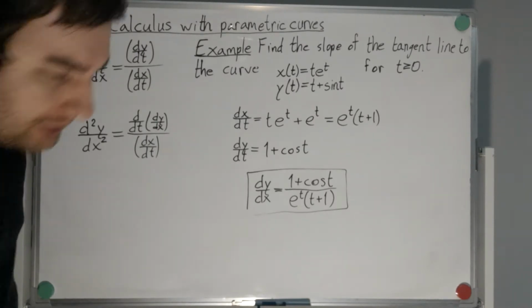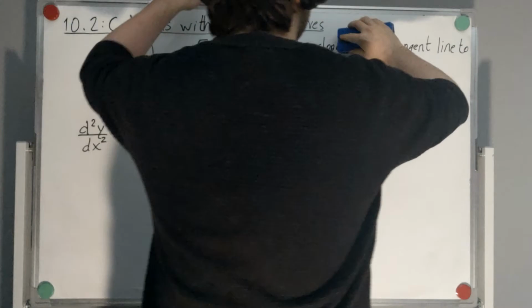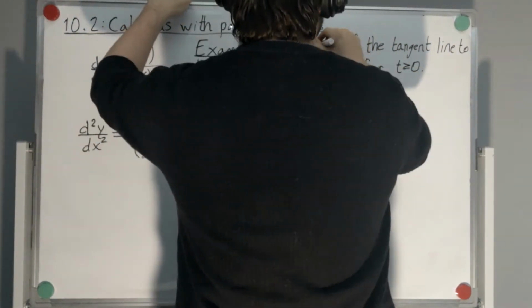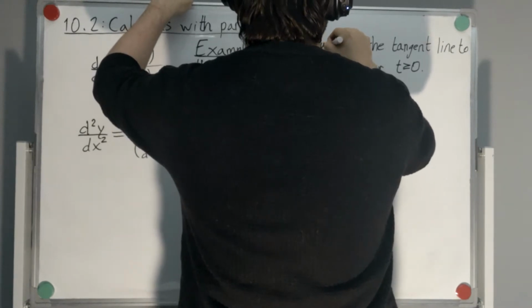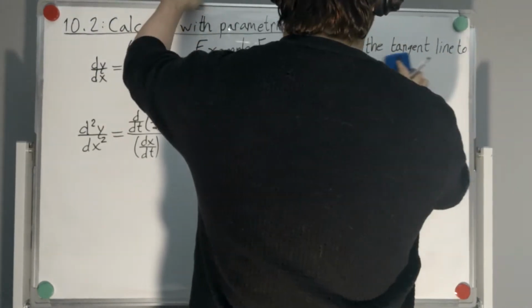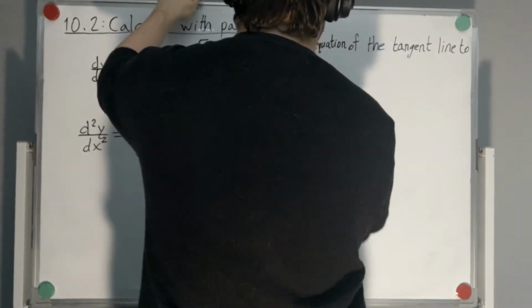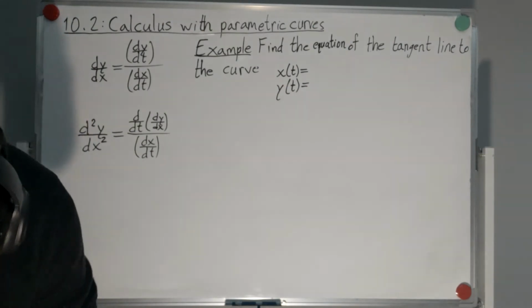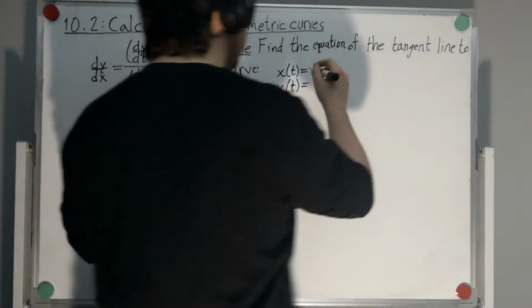Next up, let's say we want to find not just the slope, but actually the full equation, not that that's much harder, of the tangent line to the curve. This curve is x = √t and y = t² − 2t.